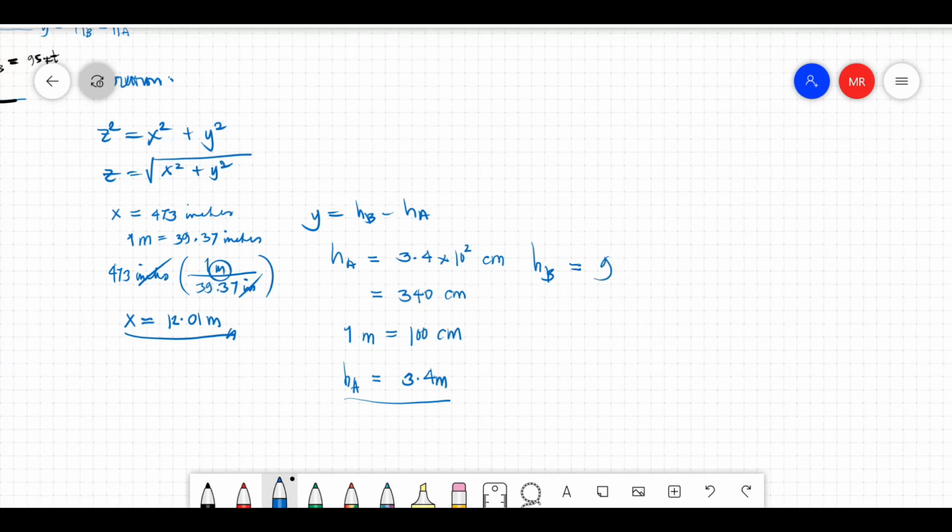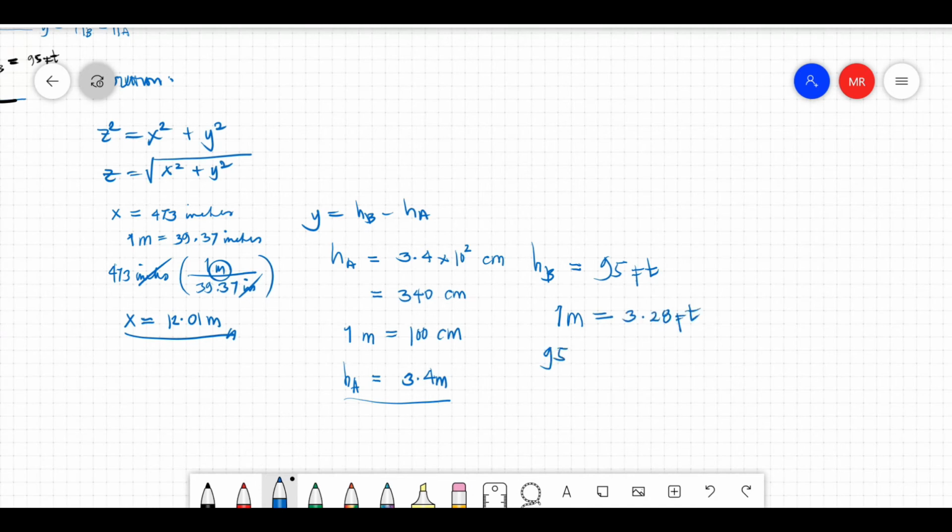HB is 95 feet, where 1 meter is approximately 3.28 feet.